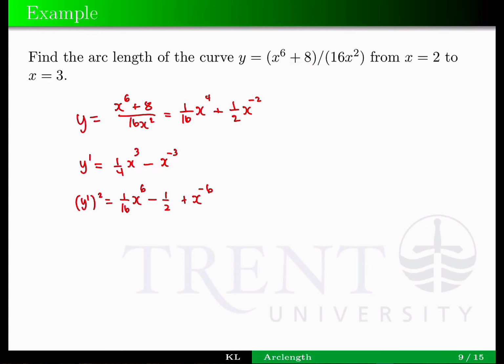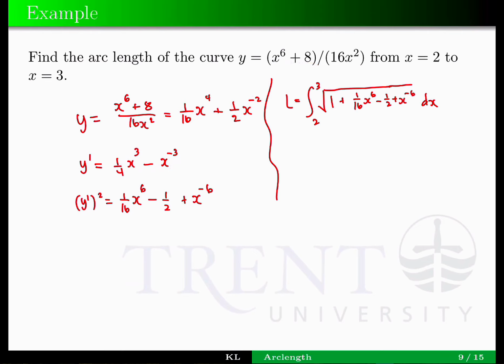So our L, let's write our L here. L equals integral from 2 to 3 square root of 1 plus 1 over 16 x to the 6 minus 1 over 2 plus x raised to minus 6 dx.